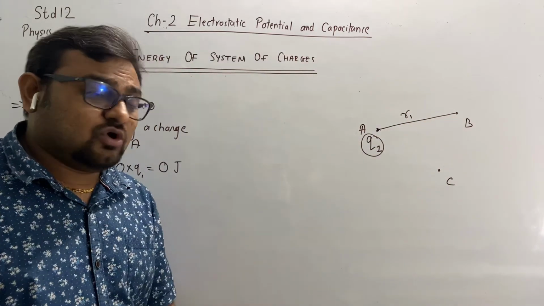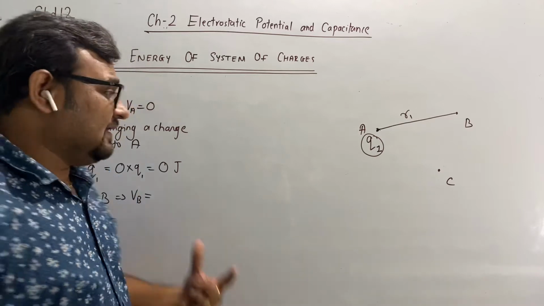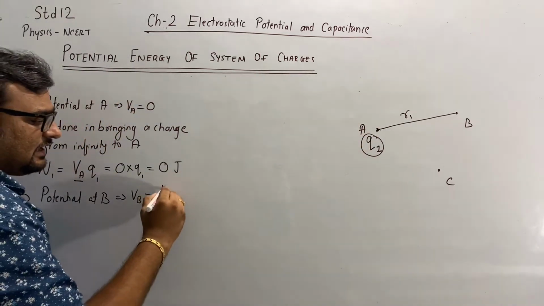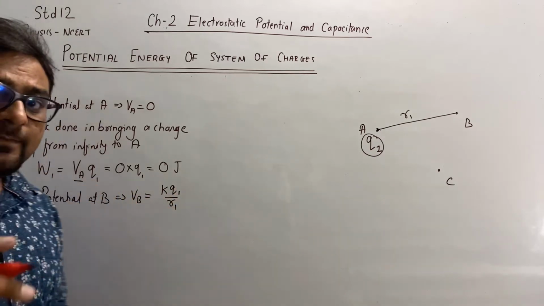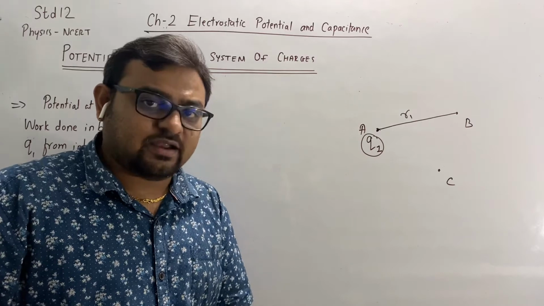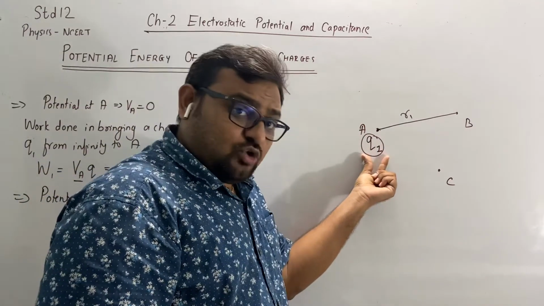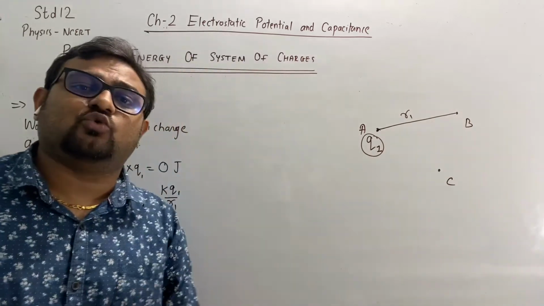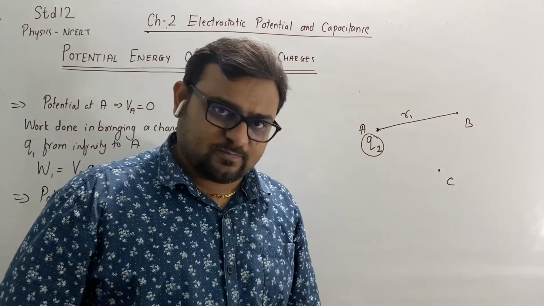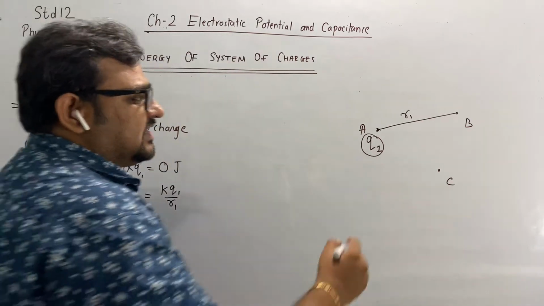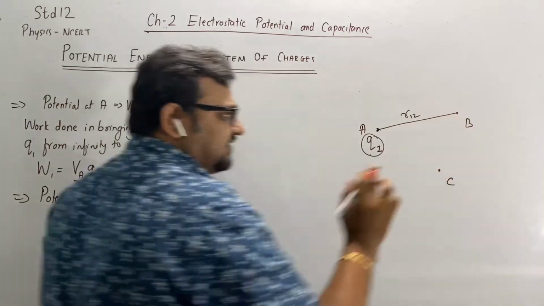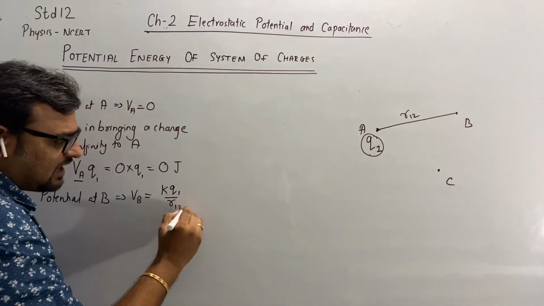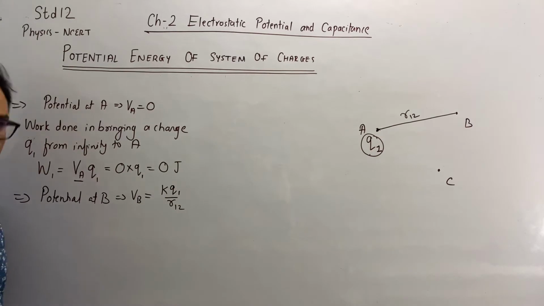The potential due to a point charge is KQ by R, so the potential due to charge Q1 at B will be KQ1 by R1. Or let's take this as R12, with positions 1, 2, and 3. So it will be KQ1 upon R12.